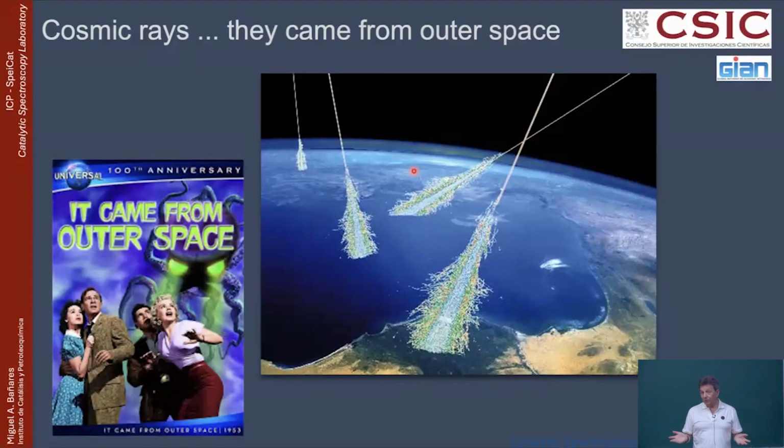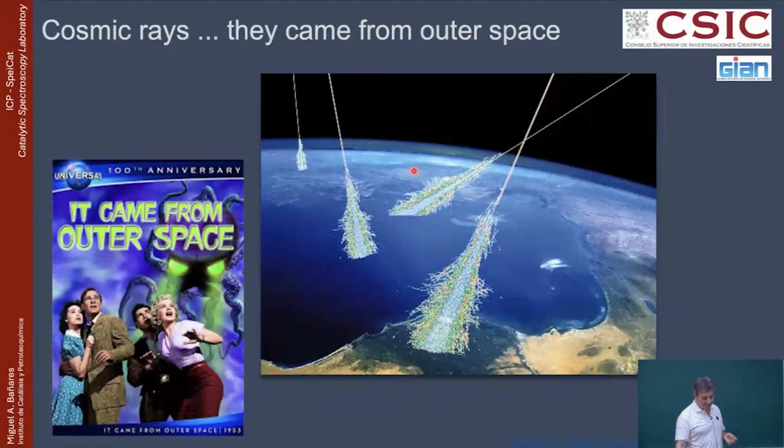They are typically a consequence of explosions of supernovas and whatever. We are continuously getting those things every day. Right now, through this room, a lot of cosmic rays are passing through, which is okay, don't worry. And if they go through your detector, which is a CCD detector that you have connected to your Raman system and you are measuring, and a cosmic ray goes through the CCD detector, it creates a spike.